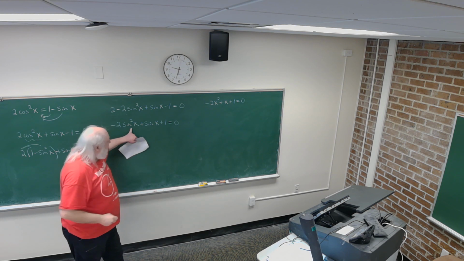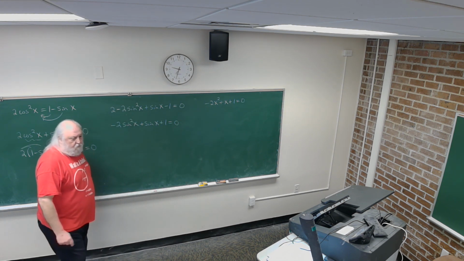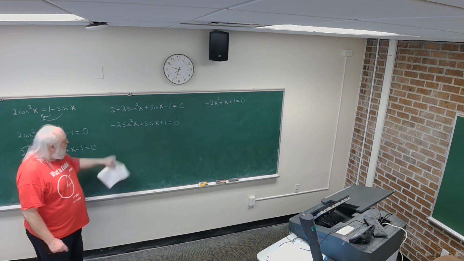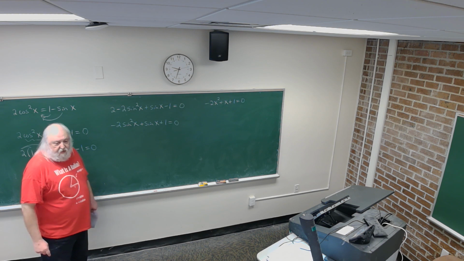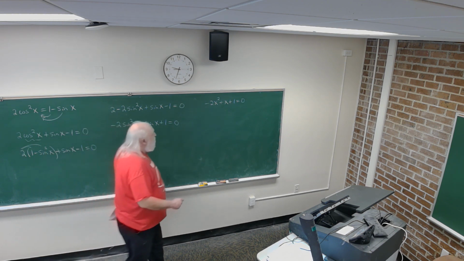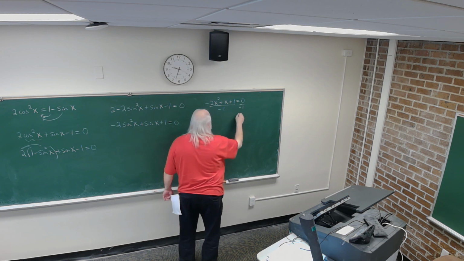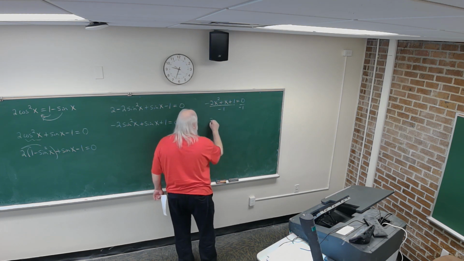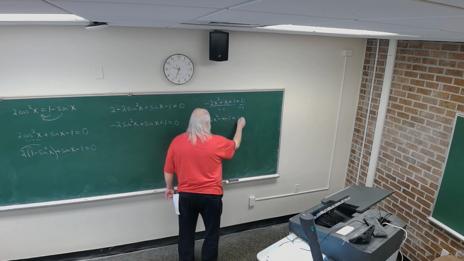And so factoring this is like factoring this. But I have one problem. I don't like it when the number in front of the x squared is negative, right? But Robert likes to have that number positive, so he divides both sides by negative 1 to get 2x squared minus x minus 1 is equal to 0.